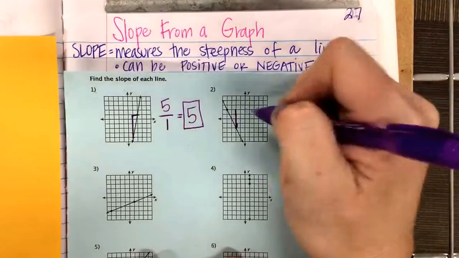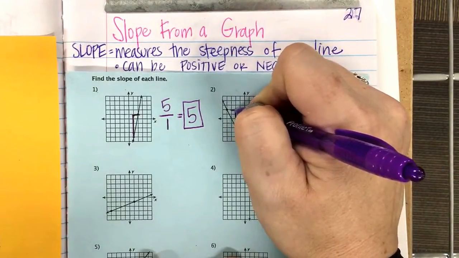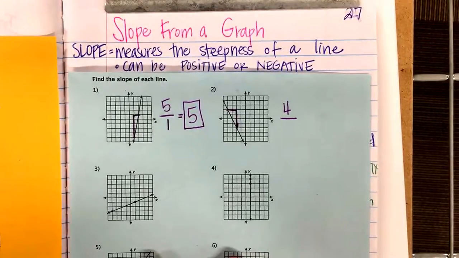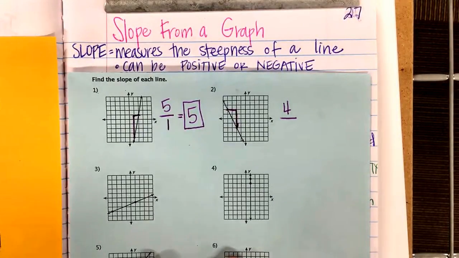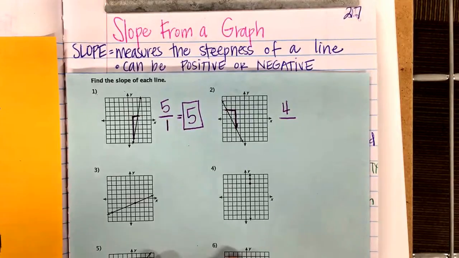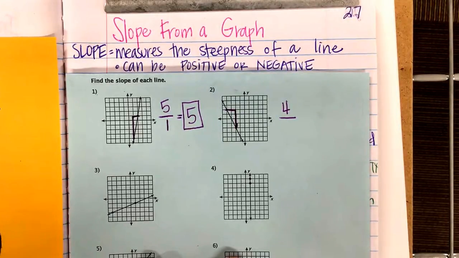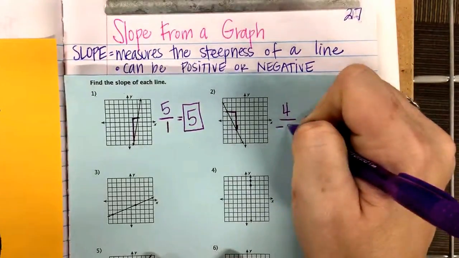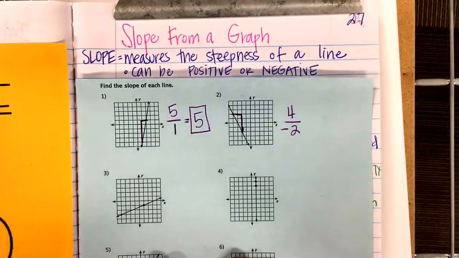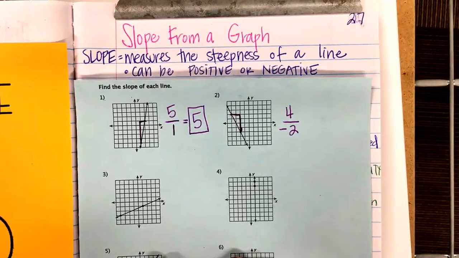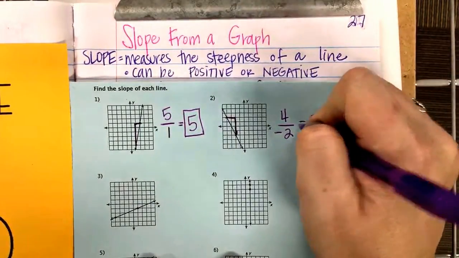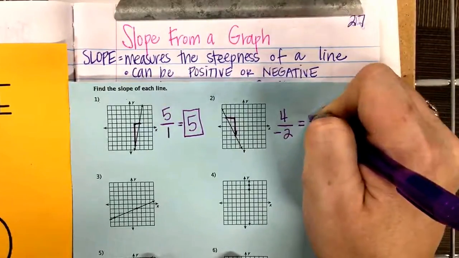And where do you go now? How many did I go over? 2. I went 2, but I didn't go forward 2. I went backward 2, so what kind of 2 should it be? -2. And 4 over -2 simplifies to what? -2.